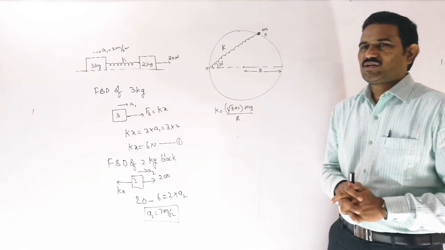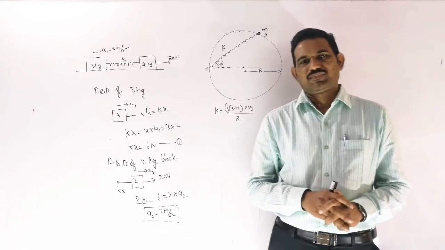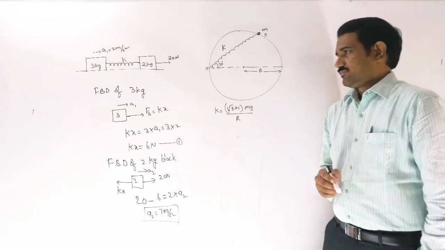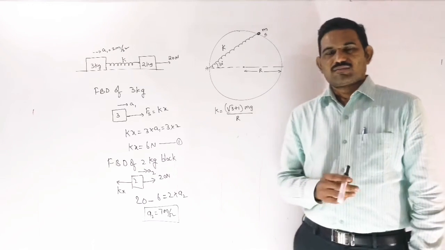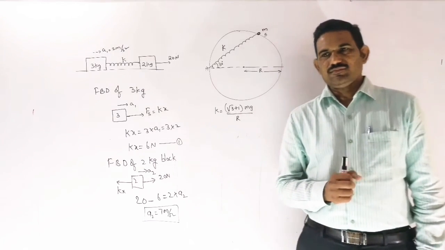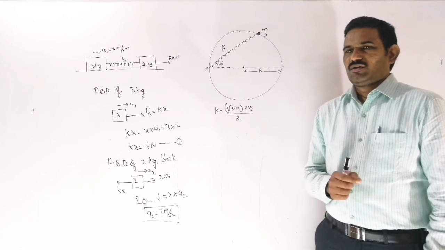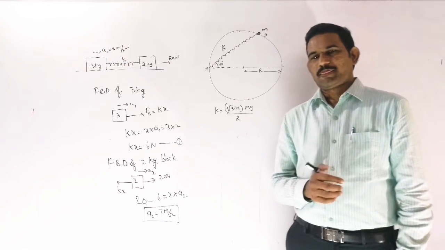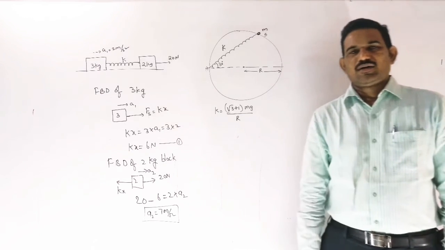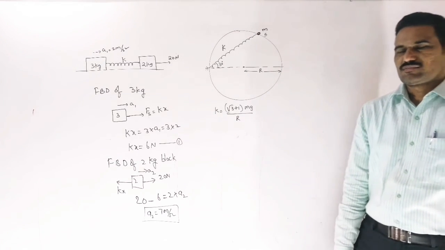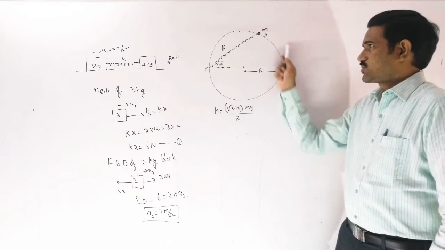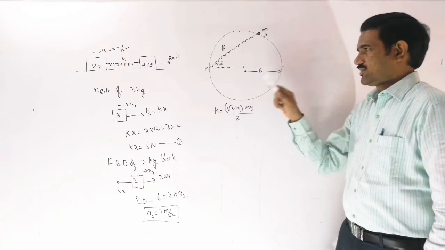and the natural length of the spring is r, which is equal to the radius of the ring as shown. That means this is the radius of the ring here. For this ring also radius is r only.